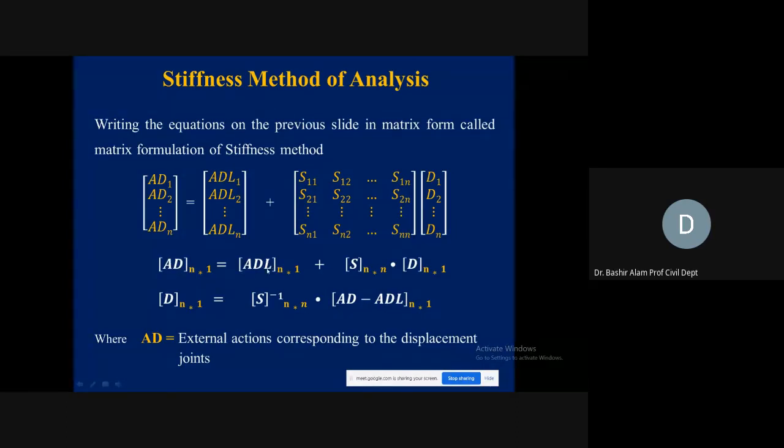ADL, it is taking the place of DRL now. S, it is taking the place of the F, and this D, it is taking the place of the AR now. So you can see the resemblance and the similarity in these equations.